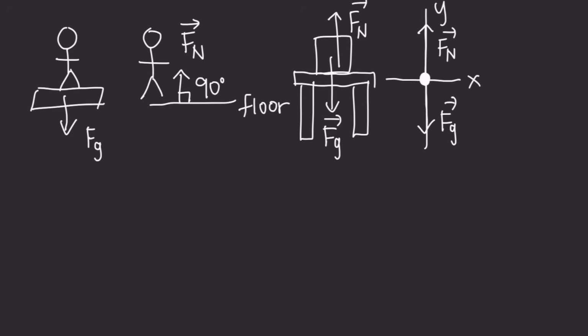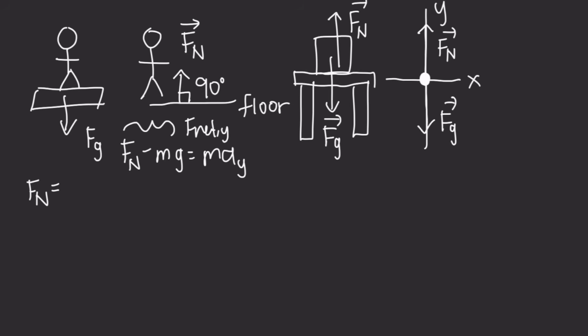So we can substitute the values into Newton's second law, and say that the normal force minus the force of gravity equals the mass times the total acceleration in the y direction, and this is just F net in the y direction. So this tells us that the magnitude of the normal force equals the weight, or mg, plus mass times the acceleration in the y direction.